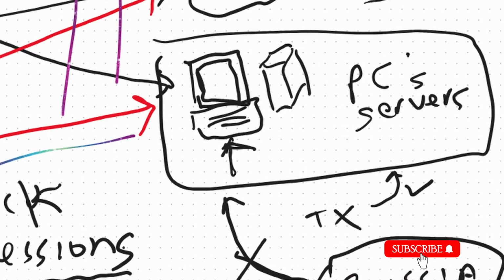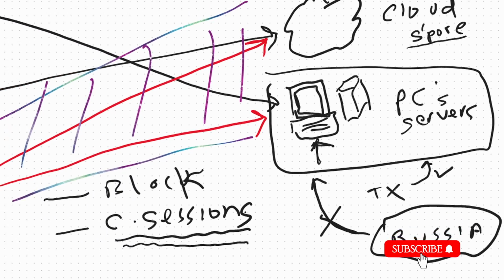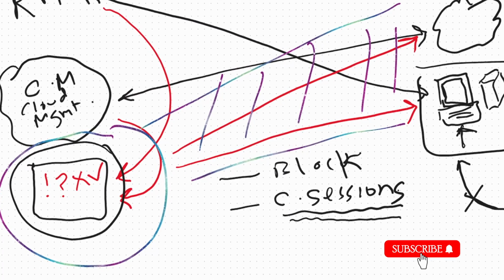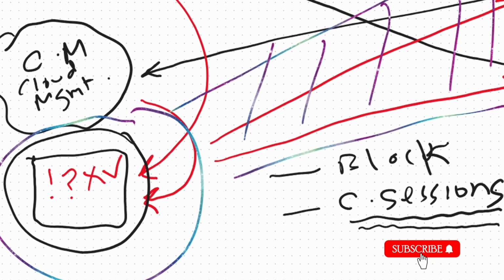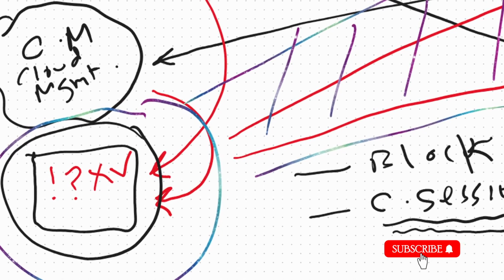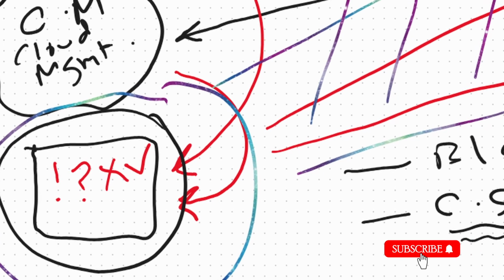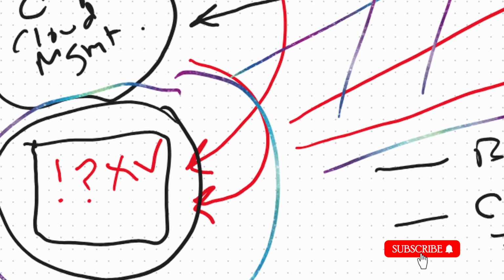Now, what happens is we get data from these machines to our RMM. So we know where these machines are. And when somebody logs into the cloud, this system over here knows where people are logging in from. So on the side here on the cloud management system, we have the secret sauce.